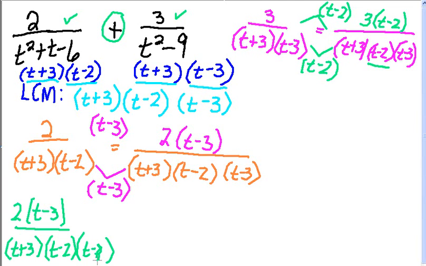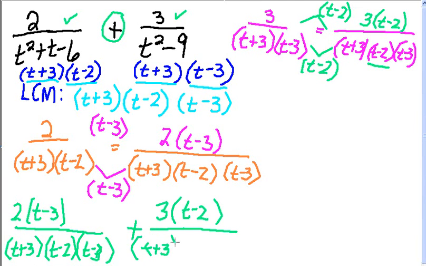And I'm going to add to that my second term, which ended up being 3 times t minus 2 over the same denominator, t plus 3, t minus 2, and t minus 3.